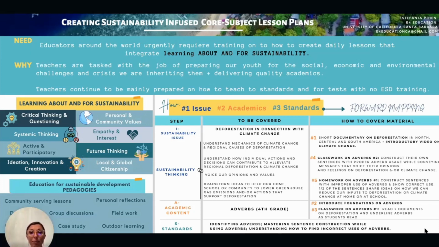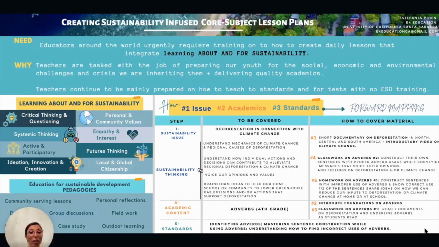So once those three really basic components have been detailed. What is the sustainability issue? What is the academic content? And which are the standards or the standard that the lesson plan needs to achieve? Then the teacher can really start ideating the different type of learning activities that need to happen in the classroom.